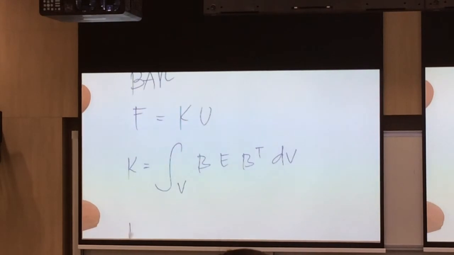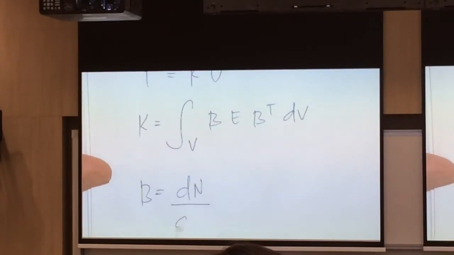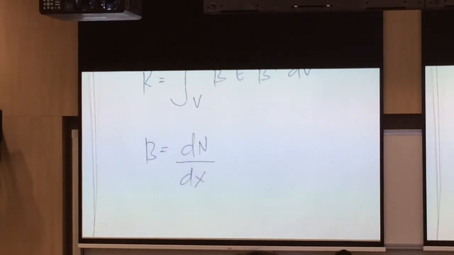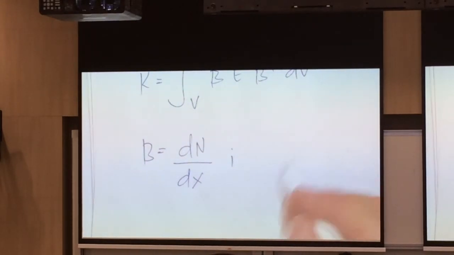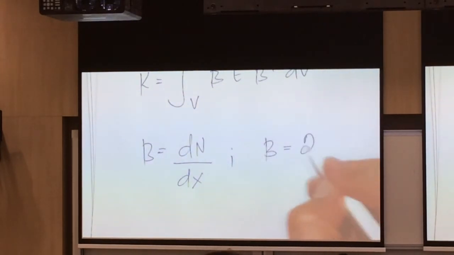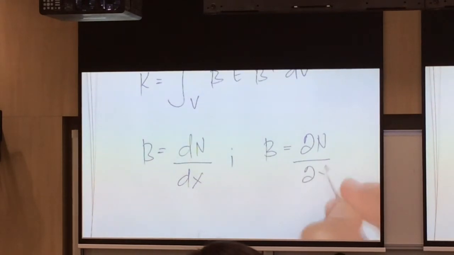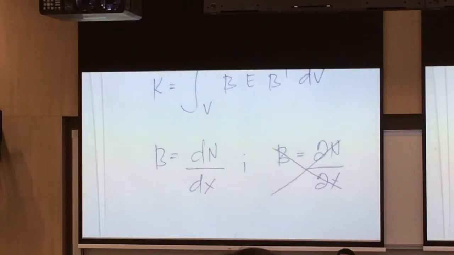And then your B is a derivative of your shape function. This one will be a partial derivative with respect to x, because we have x, y, z later. So anyway, this is just for a bar, so that's okay.